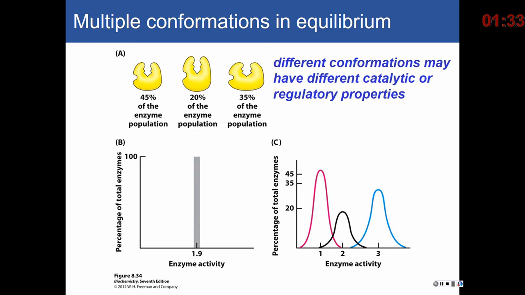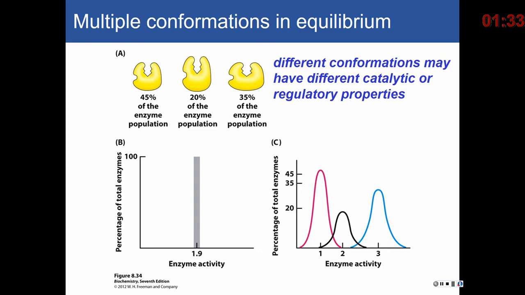And then multiple conformations can exist of an enzyme, and they can exist in equilibrium. Each one of these is going to have slightly different regulatory properties, but they exist in some sort of equilibrium with certain enzymatic activity.